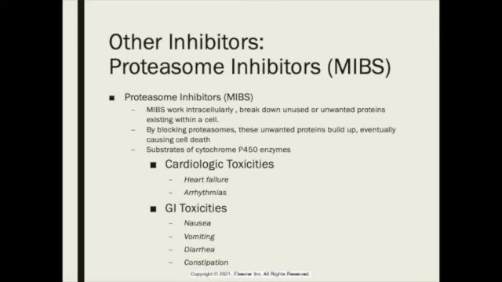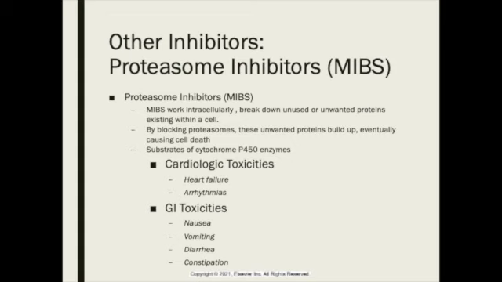The MIBS are used to kill cancer cells, and proteasome inhibitors are used to treat multiple myeloma and mantle cell lymphomas. It's really important to understand that MIBS are substrates of the cytochrome P450 enzyme, and so they can cause more medication interactions than the other types of immunotherapies that we talked about.